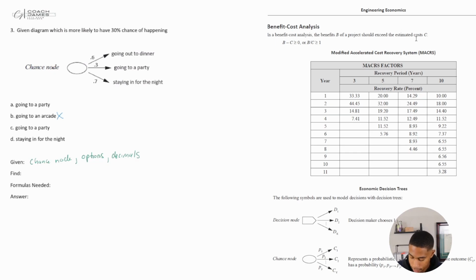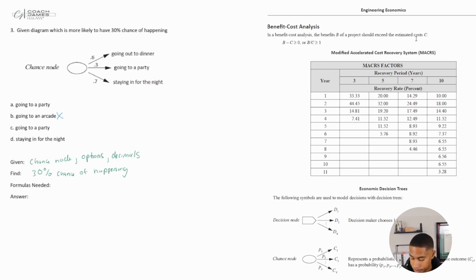Okay, so we need to find the 30% chance of happening. So which option is more than likely going to have a 30% chance of happening?